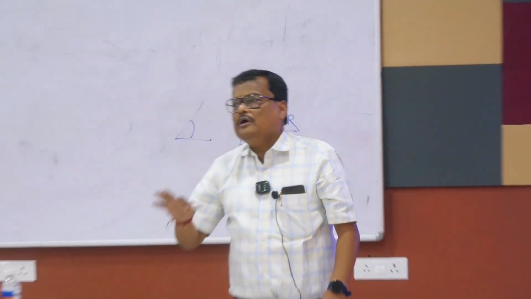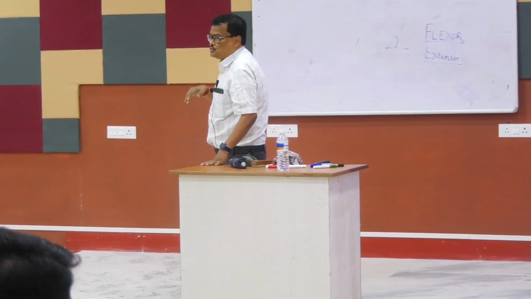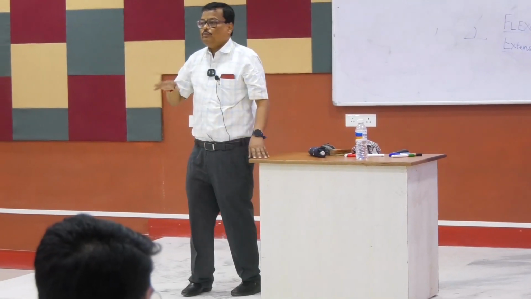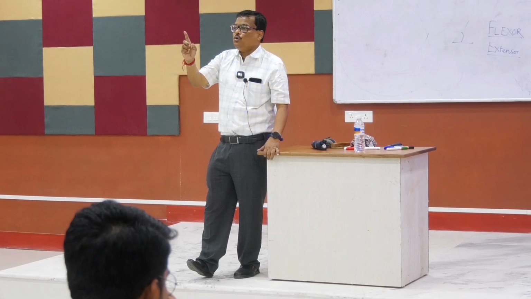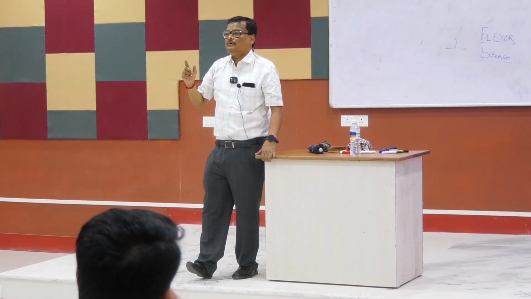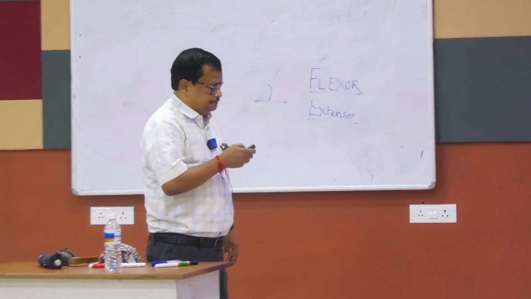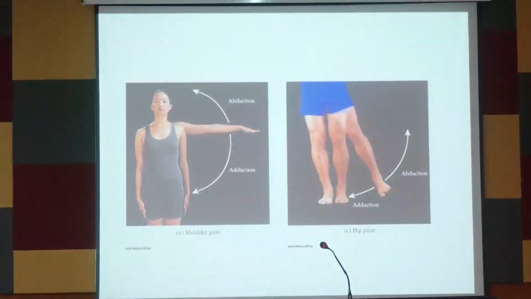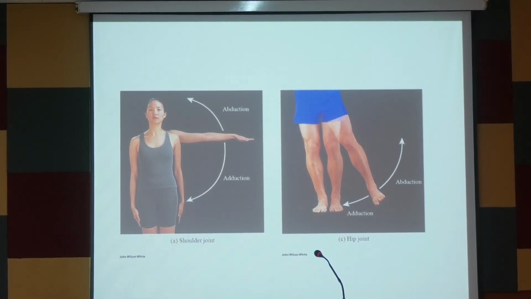Though the movements are less in case of toes, still there are some movements. So what is the axis finger in case of a toe? Second finger. The second toe is called the axis finger in case of a toe.